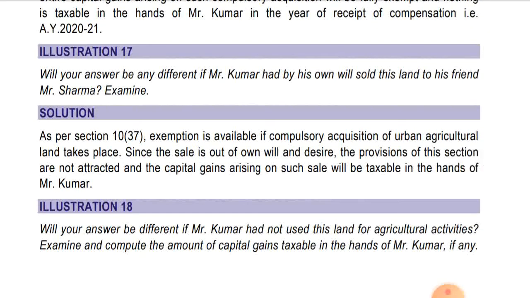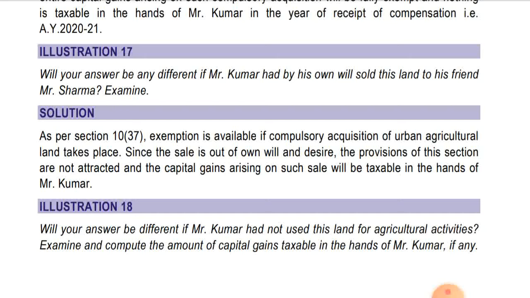Will your answer be different if Mr. Kumar had, by his own will, sold this land to his friend Mr. Sharma? No, then exemption under 10(37) is not available, as only in case of compulsory acquisition of urban agricultural land is the 10(37) exemption available.